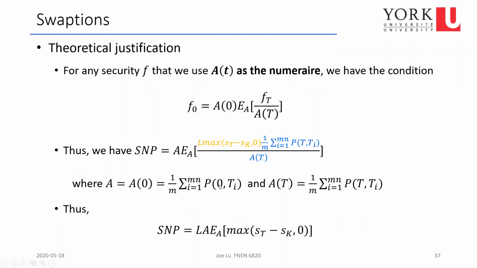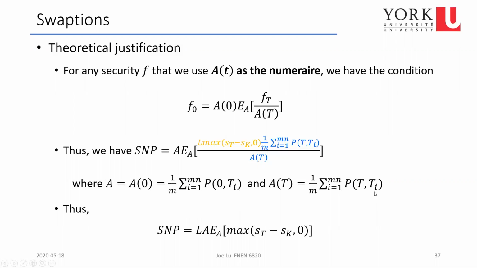And A_T is then where the zero coupon bond price is from T to T_i. A naught is here with the summation, where the zero coupon bond price is from 0 to T_i.